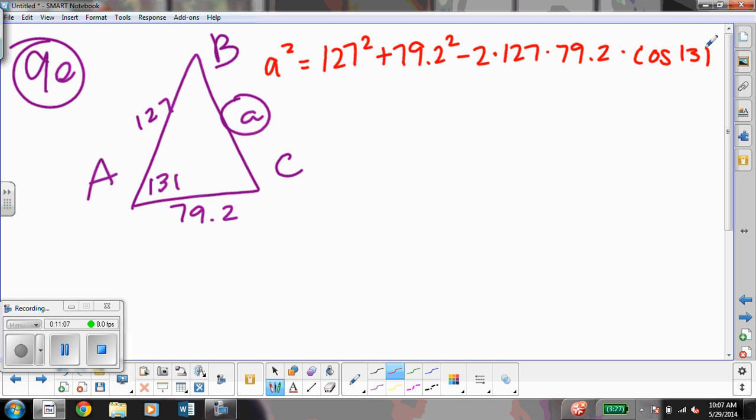And I can punch this in my calculator exactly like I see it, and that'll get me a value of a squared. 127 squared plus 79.2 squared minus 2 times 127 times 79.2 times the cosine of 131.